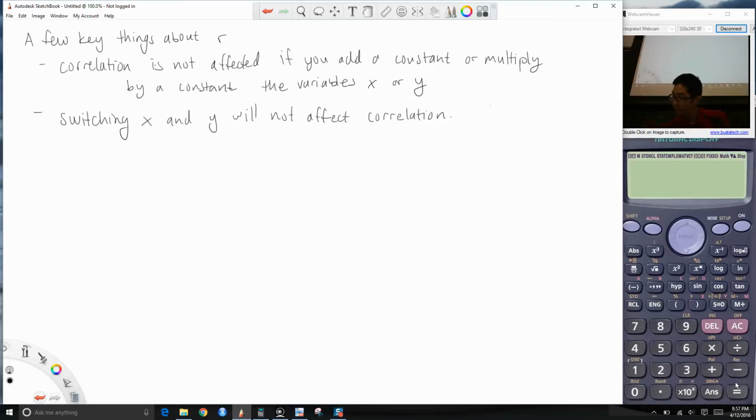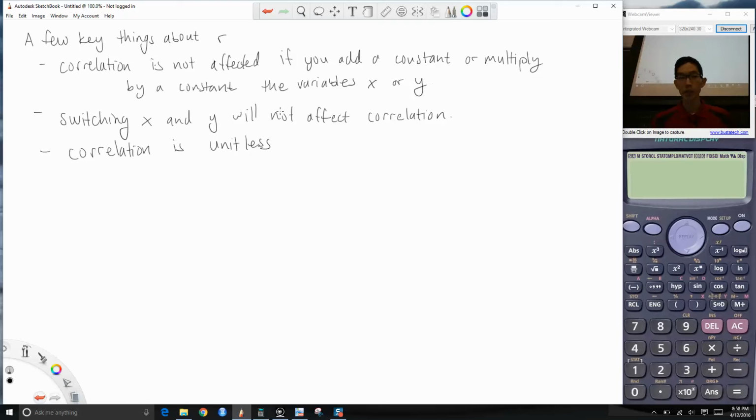Okay. Correlation is unitless. Okay, so you look at the mean of something and it's got units, but correlation R, it's just a number between -1 and 1 that tells you the direction and strength of a relationship.